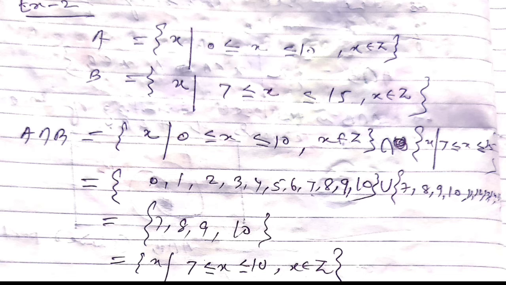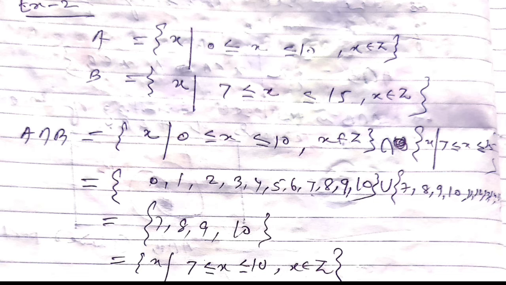Then A intersection B is the set consisting of elements 7, 8, 9 and 10. As the set A has elements 0, 1, 2, 3, 4, 5, 6, 7, 8, 9 and 10, and B has the elements 7, 8, 9, 10, 11, 12, 13, 14 and 15.